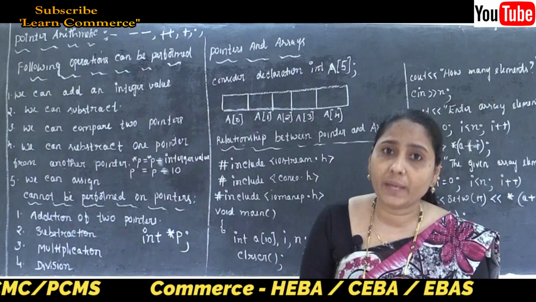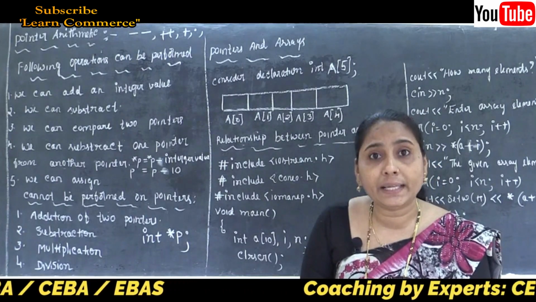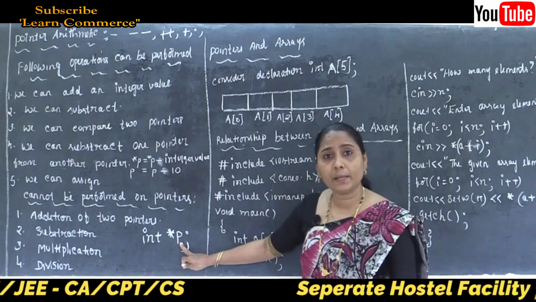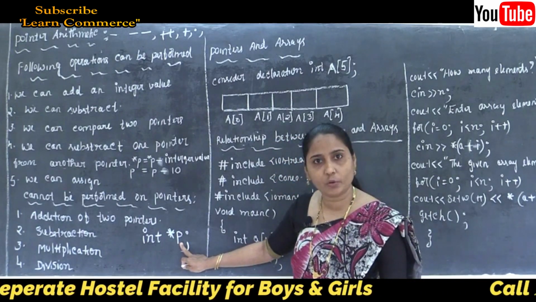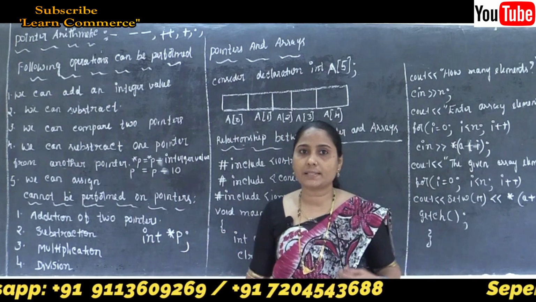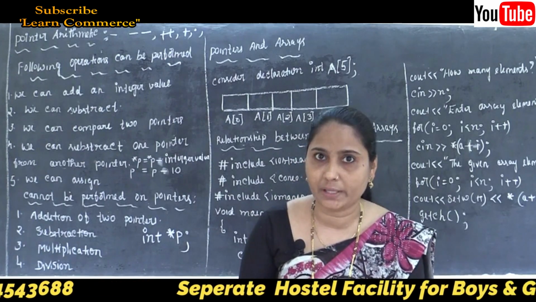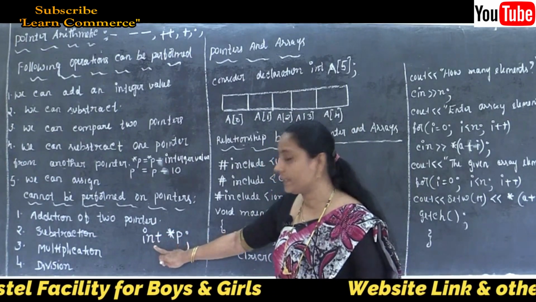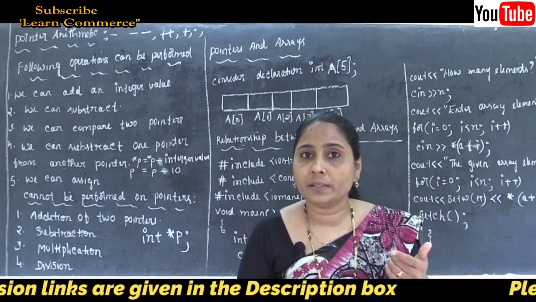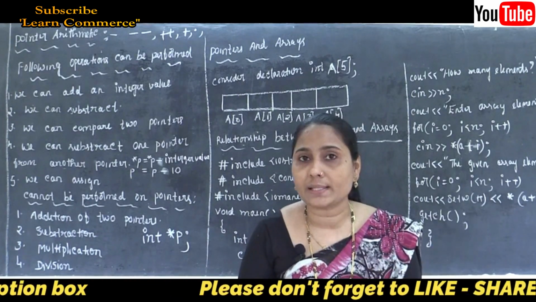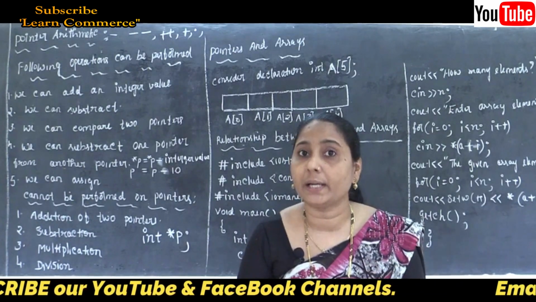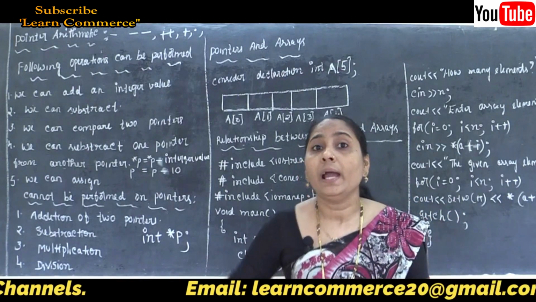So if p is an integer pointer, that means p is incremented by 2 bytes. Why? Because we know that the size of int is 2 bytes. Clear this point here. If you declare it using the data type int and want to increment it, p++ will increment p by 2 bytes, depending on the data type here.